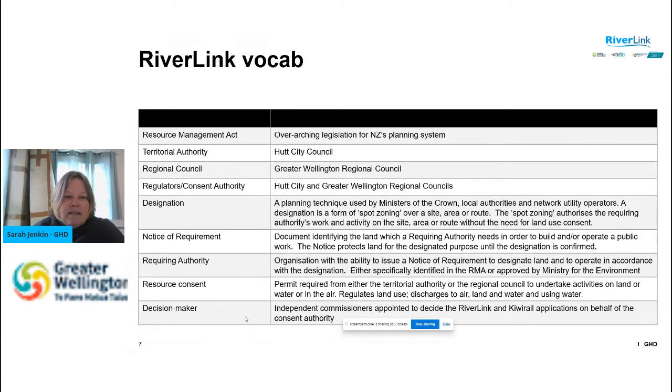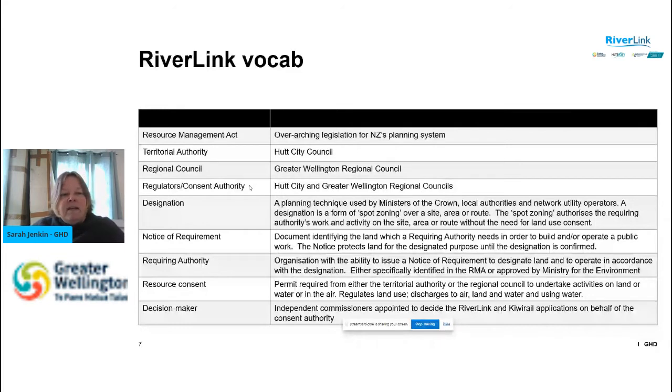The regulators, or the consent authority, are Hutt City and Greater Wellington. And so they've got different names, but regulators or consent authority relates to them being the organisations who make decisions on resource consents, who will decide if someone puts an application in, whether it should be granted or not.